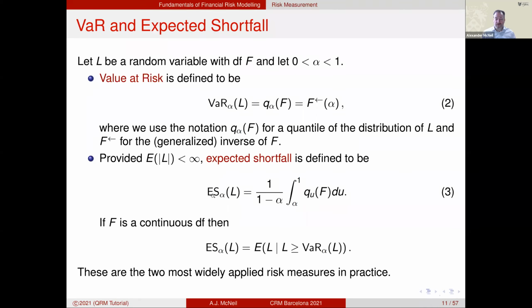And that's one way of defining expected shortfall. But if F is a nice continuous distribution function, so not a discrete distribution that would jump, but instead a continuous one, then perhaps a more intuitive definition of expected shortfall is simply the expected loss given that the loss exceeds the alpha VaR. So the alpha expected shortfall is the expected loss given the loss exceeds the alpha VaR.